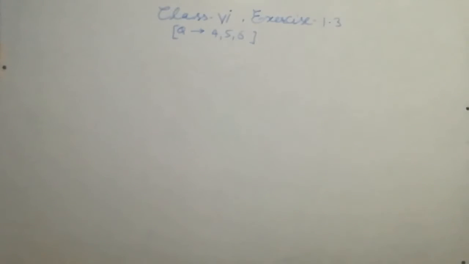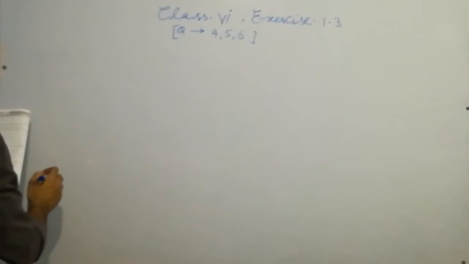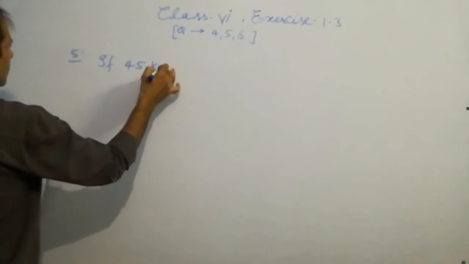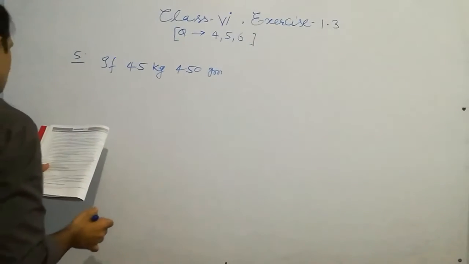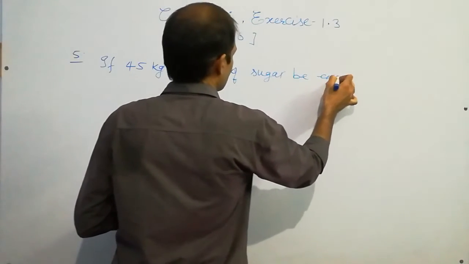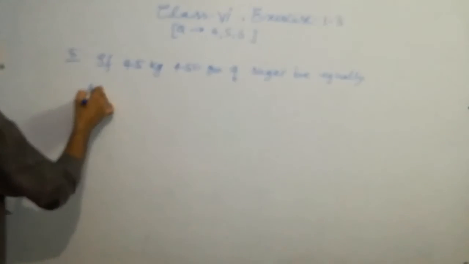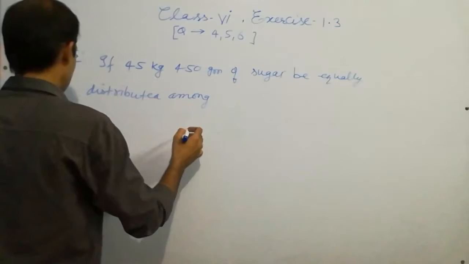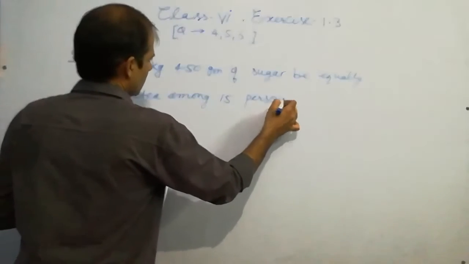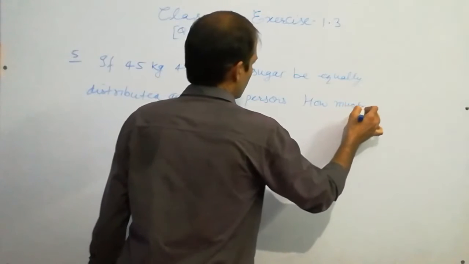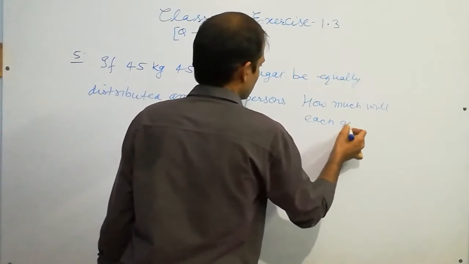So the question is, if 45 kg and 450 gram of sugar be equally distributed among 15 persons, how much will each get?